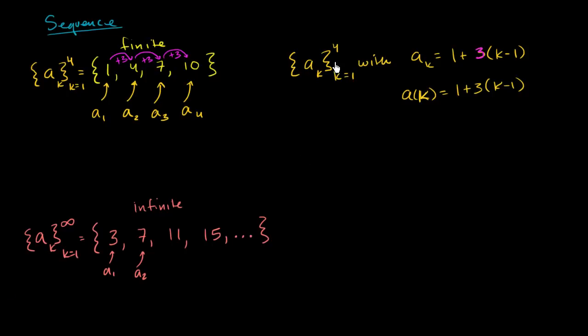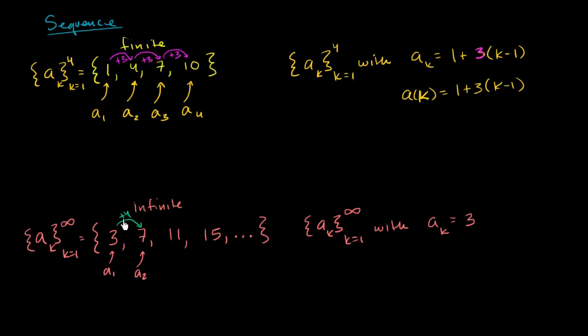Or we could define it explicitly as a function. We could write this sequence as a sub k, where k starts at the first term and goes to infinity, with a sub k equaling, so we're starting at 3, and we are adding 4 one less time.